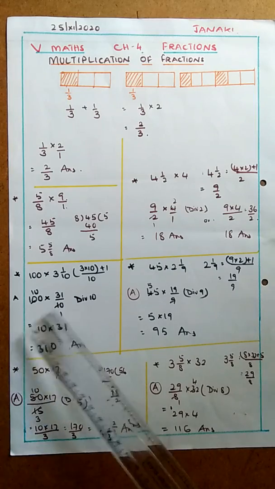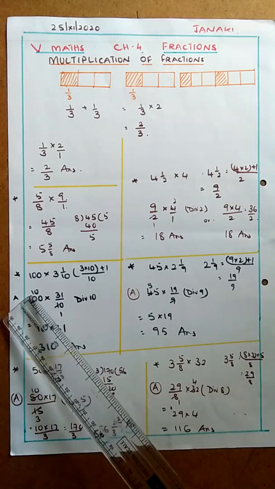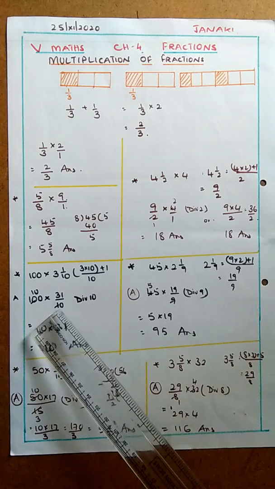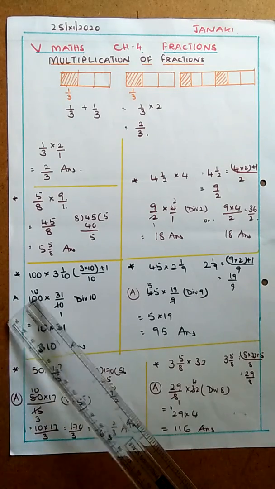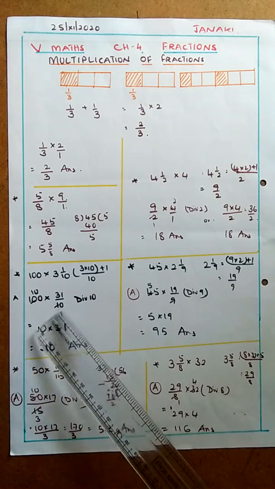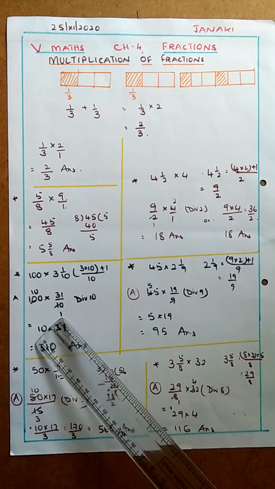Now you can divide this 10. 10 is a factor of 100, isn't it? So divide this 10 by 10 and 100 also by 10. So when you divide 10 by 10, you get only 1. 1 is the quotient.